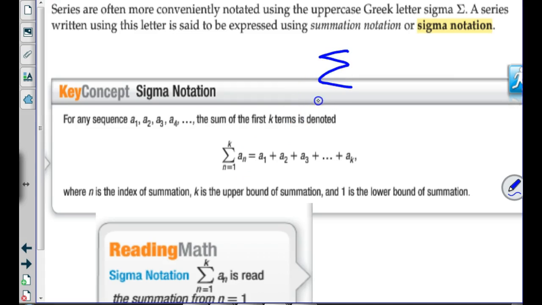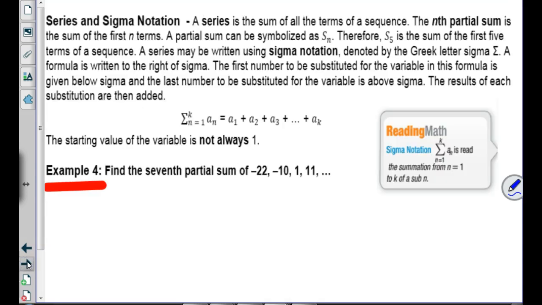It tells you what to start with at the bottom, and it does not have to be 1. I could say I want to add up only terms 5 through 7, and it would look like that, okay? Most often starts with 1. And then it gives you the formula for the sequence here, so 2n plus 5. So I want to put a 5, a 6, and a 7 in, and then add those 3 answers up, which is what my example would mean.